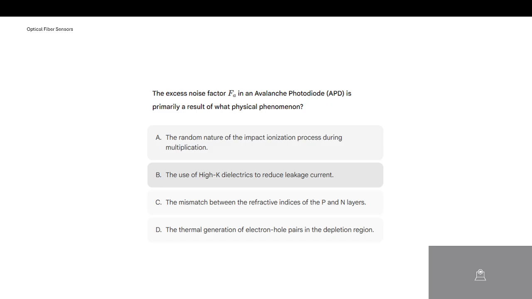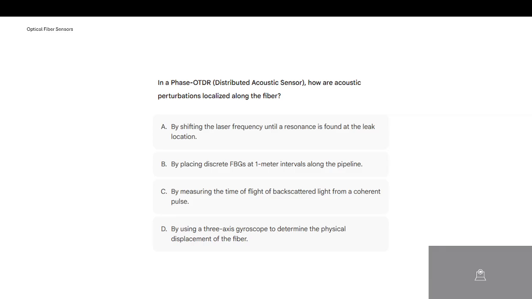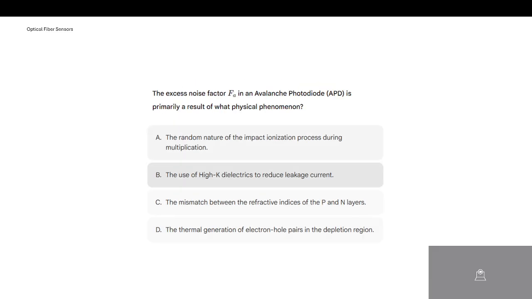In the analysis of the fiber optic, the excess noise factor F_A in an avalanche photodiode is primarily a result of what physical phenomena?